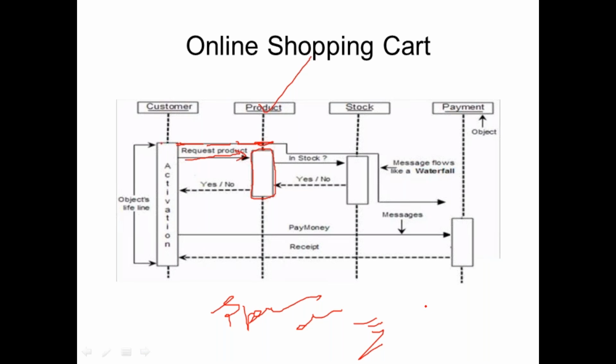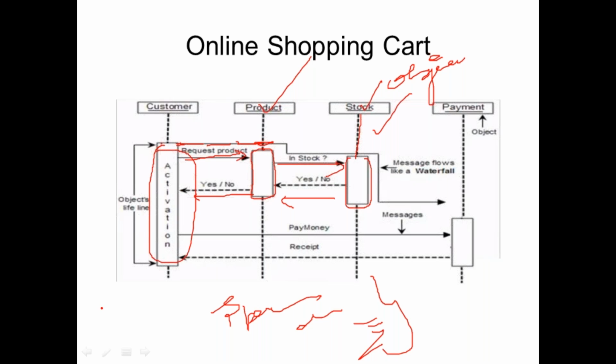But the product object does not have the availability or the stock details, which are in a different object called the stock object. So the product object has to get the product details as well as the stock details. It sends a request to the stock object asking whether the product is available or not. If the stock details are there, there will be a response, and that will be showcased on the customer screen.